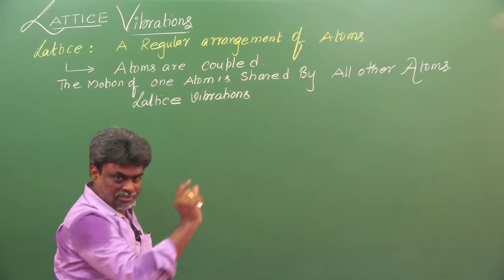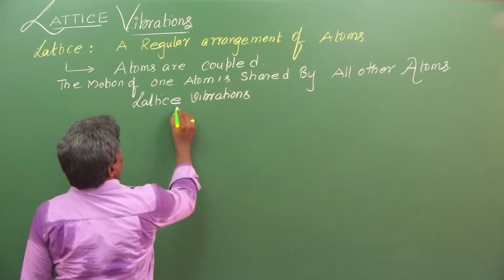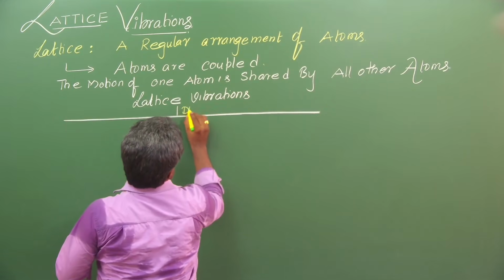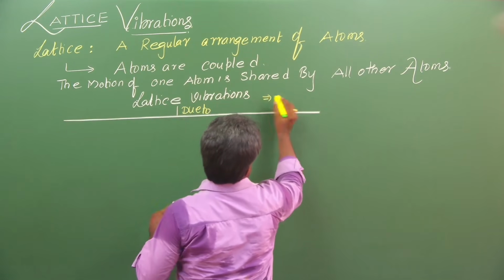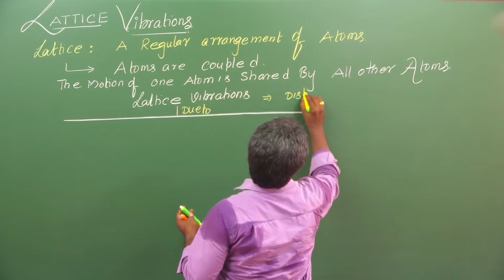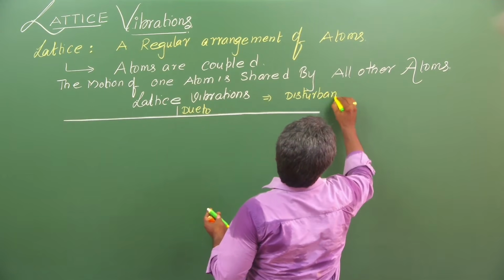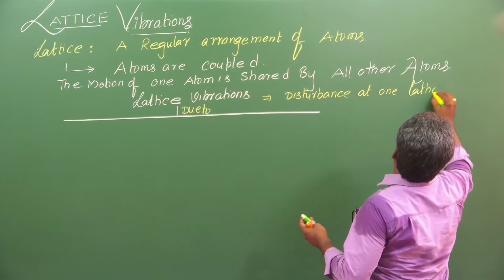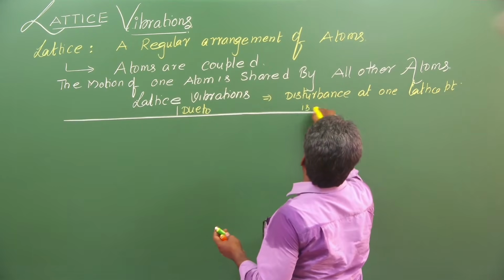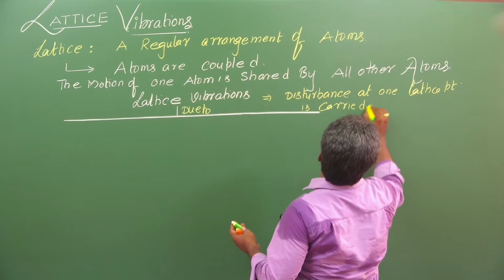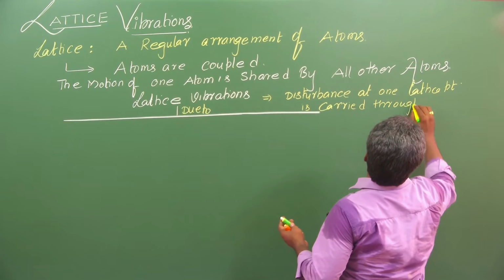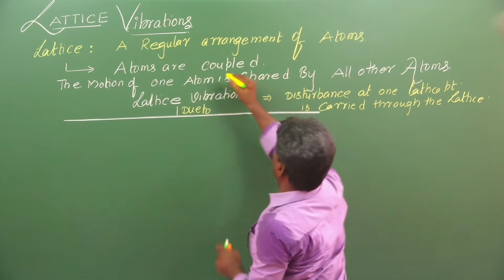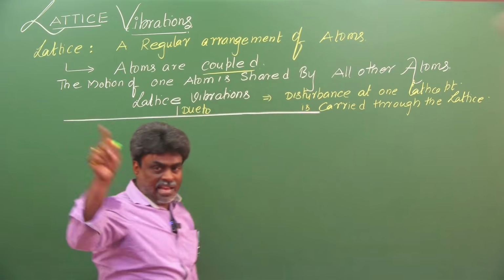I will write this: the lattice vibrations are due to a disturbance at one lattice point being carried throughout the lattice. What is the reason for this? The atoms are coupled. That's why it is carried.